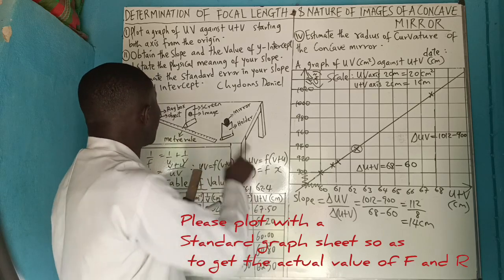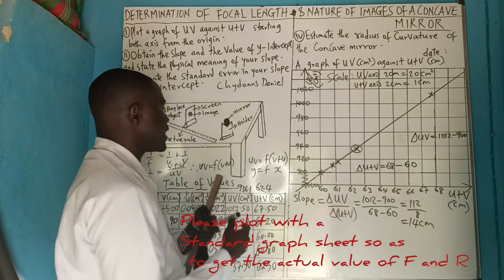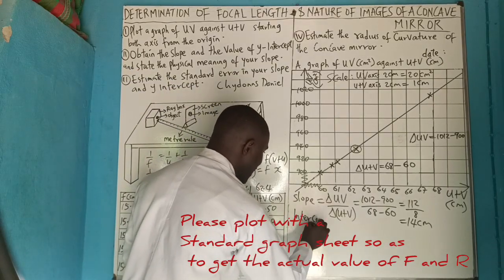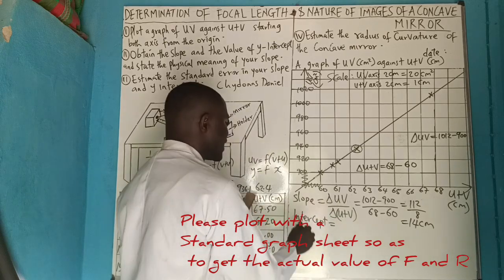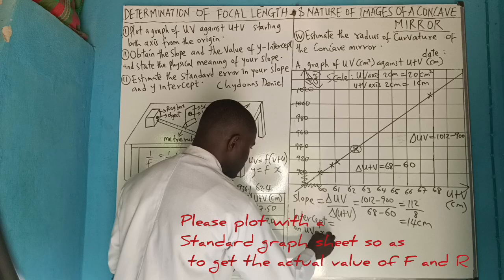Then they ask us to get the value of y-intercept. The intercept means where it meets the vertical axis. Intercept on the UV axis.